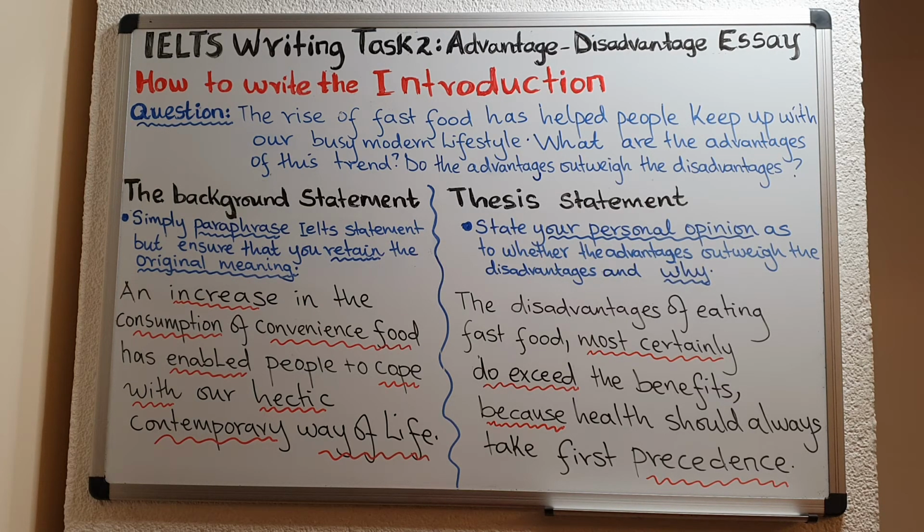Okay? And then an increase, we replace that with the rise. An increase means rise. Okay? So that's how you write the background statement. It's the easiest part of your writing task 2. Simply rewrite IELTS statement in your own words, but ensure that you don't change the original meaning.